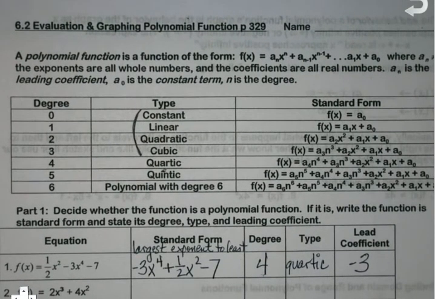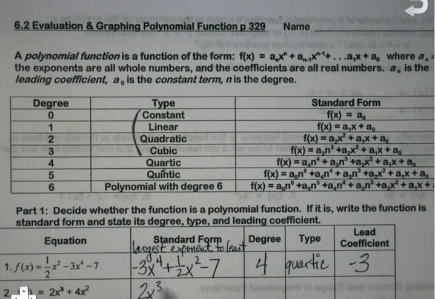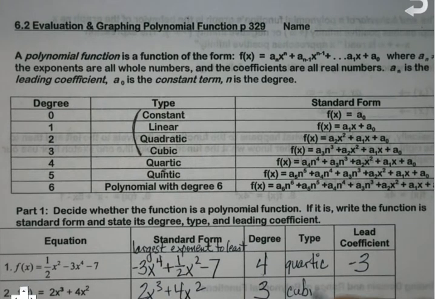What about the next one? Yeah, it's already in standard form. What's my degree? 3. So it's cubic. Okay. And my lead coefficient is 2.